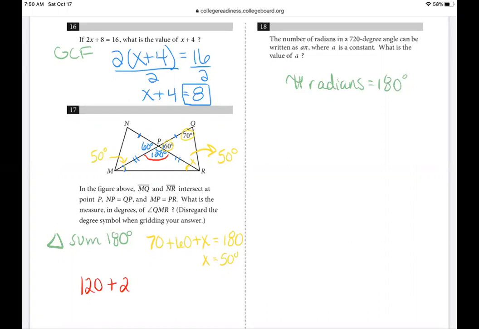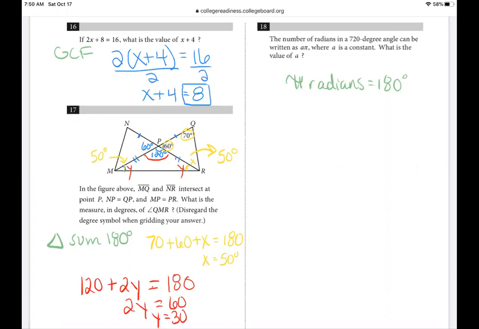So I'm just going to rename those with a y, just to have a new variable. I'll call those y, is going to equal 180, which means those two angles have to add up to 60, which means each of them are 30.